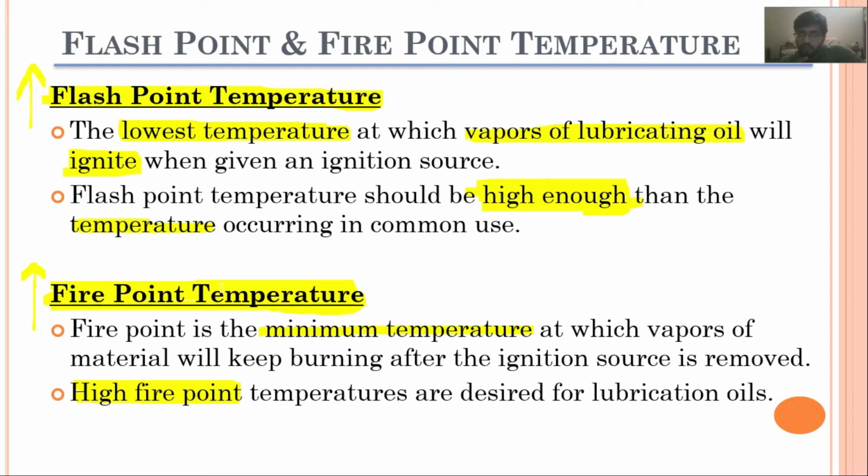Fire point temperatures are slightly higher than the flash point temperature of the same lubricant, and these temperatures should be high enough above the normal temperatures occurring in our IC engine.